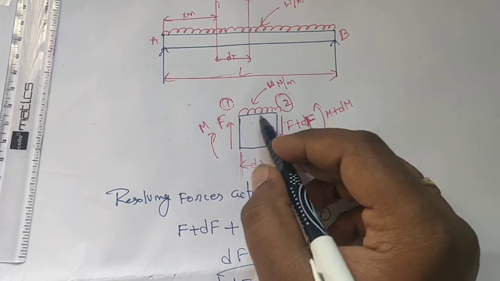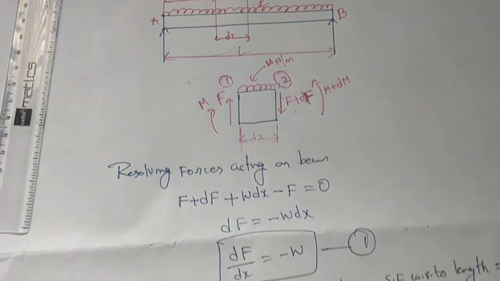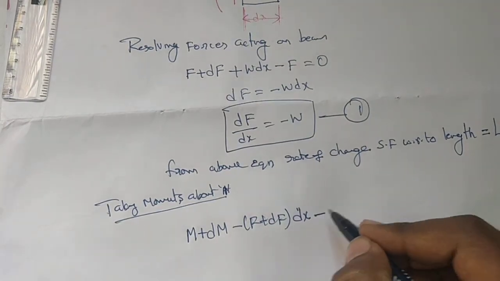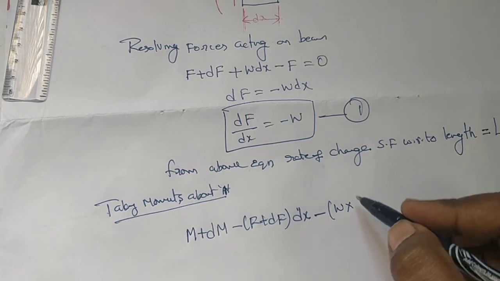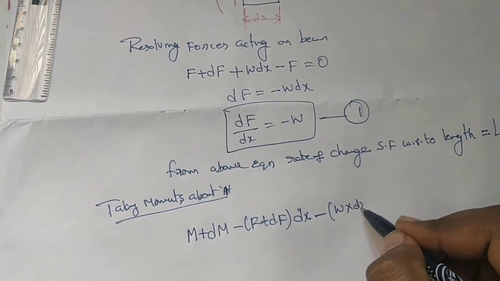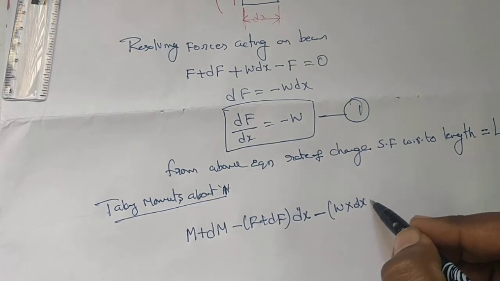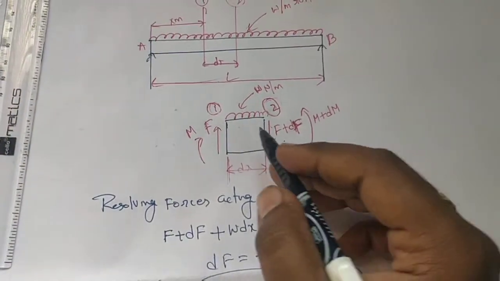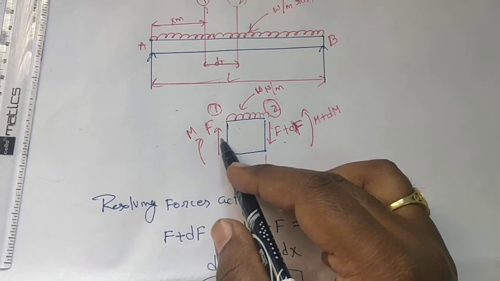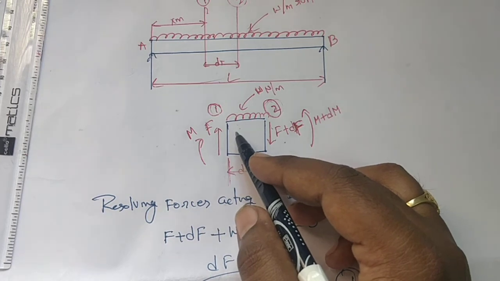Next, the UDL is acting on the beam. The load W is acting clockwise, so it is taken as minus W into its distance. It acts at the midpoint of sections 1 and 2, so the distance is dx by 2. Next, at section 1 the shear force has no distance, so it becomes 0.